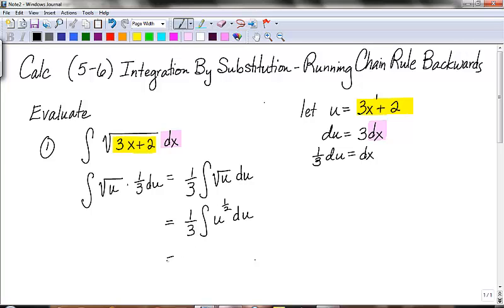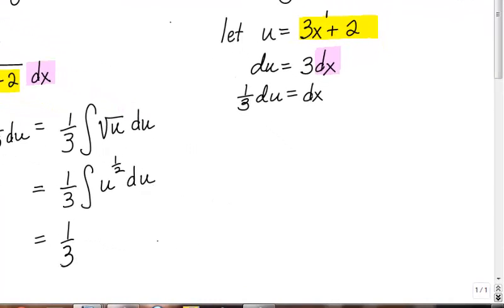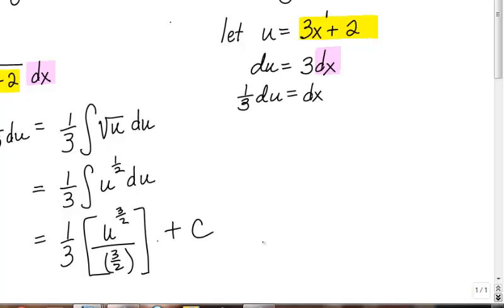So if we take the integral of this, leave the 1/3 out front. If I add 1 to that exponent, it'd be u to the 3/2 power, right? And then divide by 3/2, and then plus some constant, because it's indefinite. Now, it's like 1/3 times u to the 3/2 divided by 3/2.